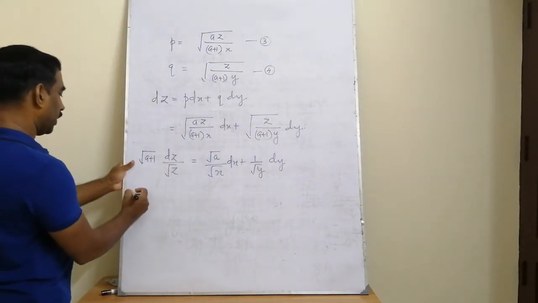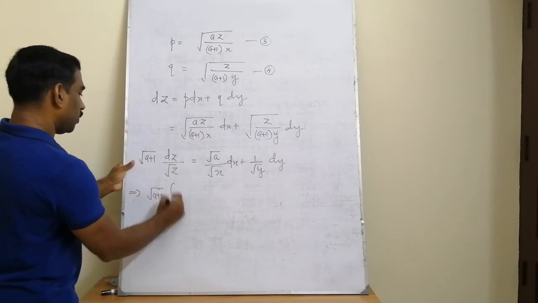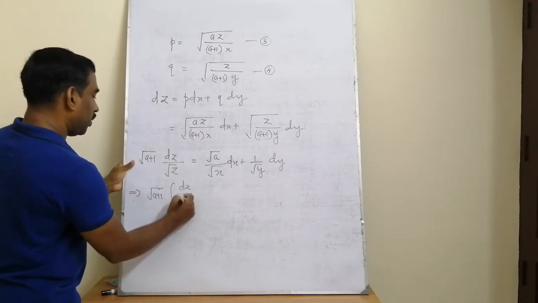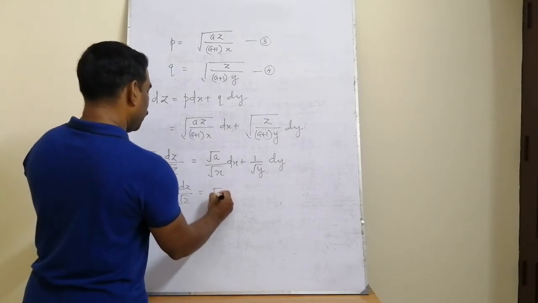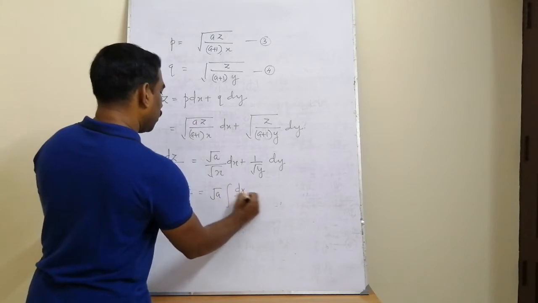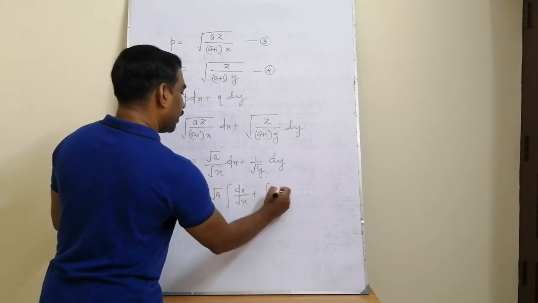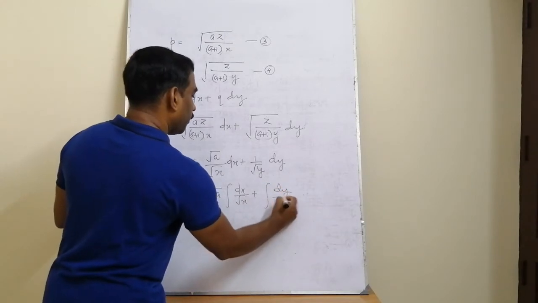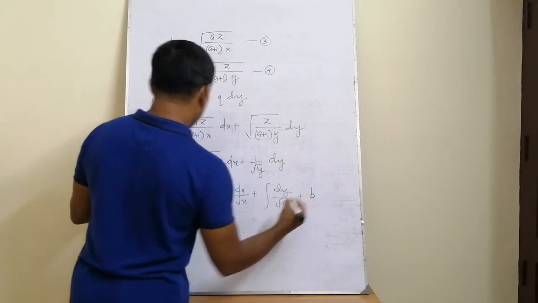This on integration will give square root of (a plus 1) into integral dz by root z is equal to square root of a into integral dx by root x plus integral dy divided by root y, plus another constant of integration, say b.